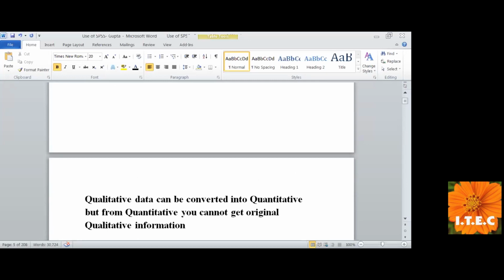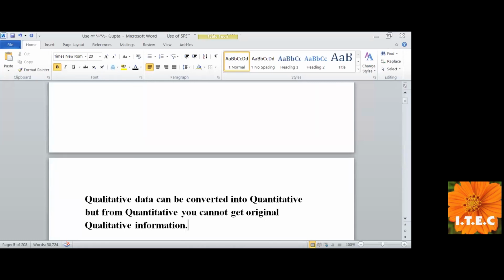If the examiner is giving 6 marks out of 10, and you ask the examiner whether he can reproduce the same answer for which he has given 6 marks, you will find that the examiner will not be able to reproduce the same answer, but he can write another answer in which 6 marks might be given.